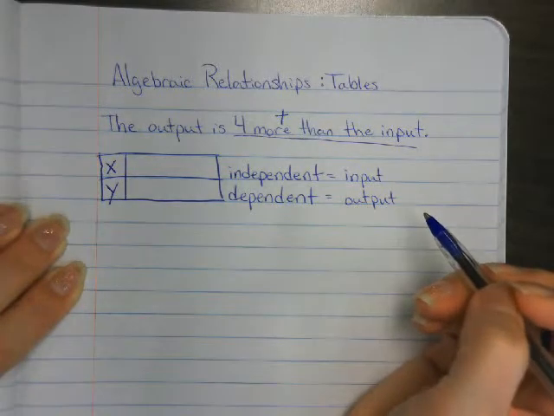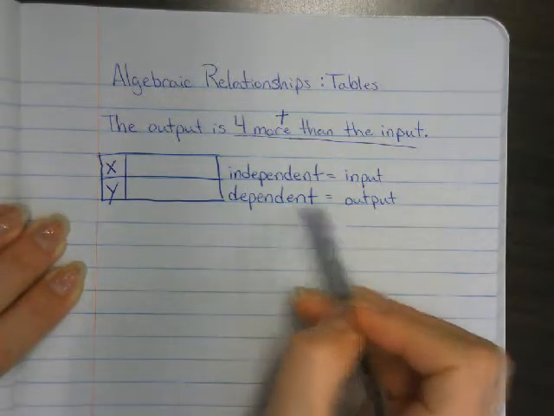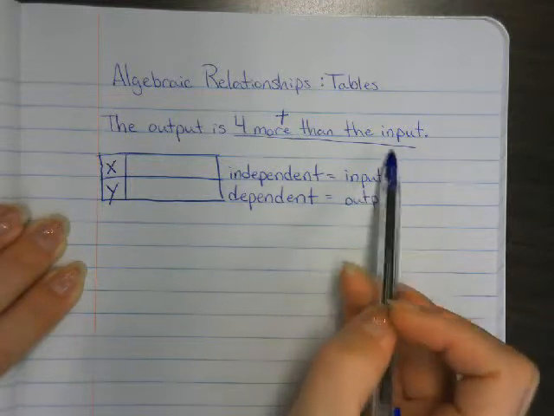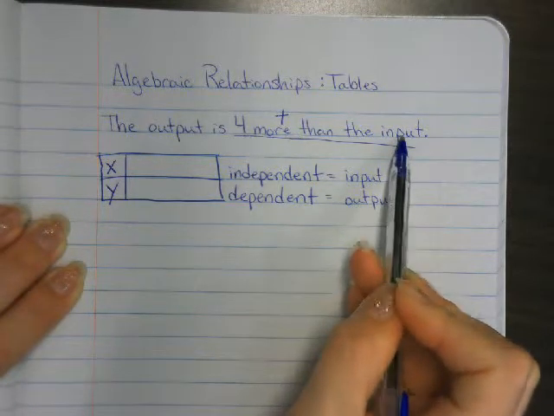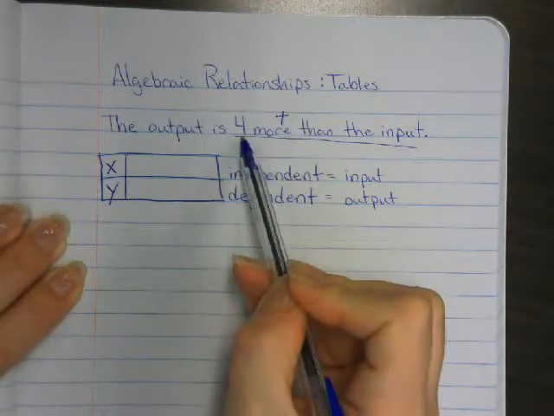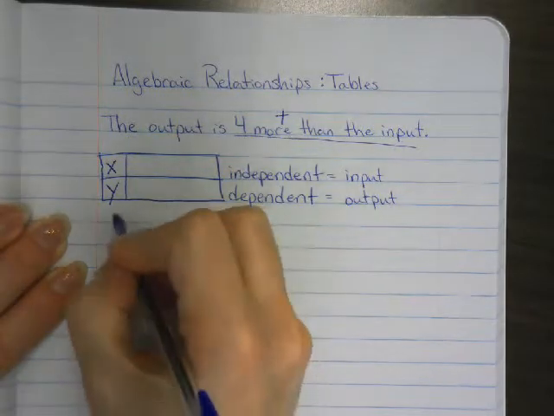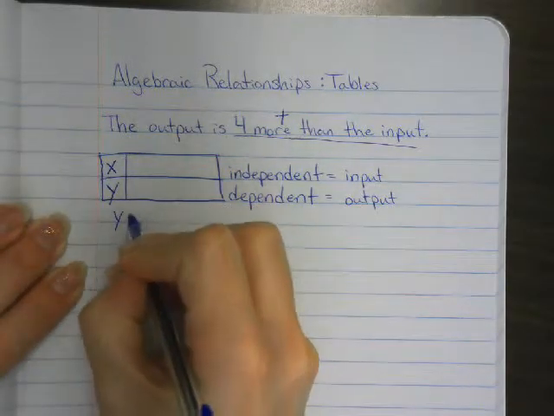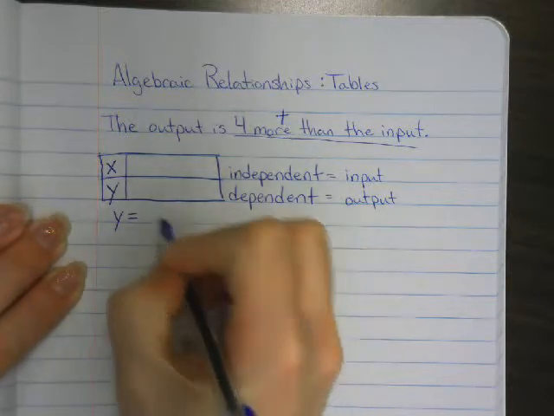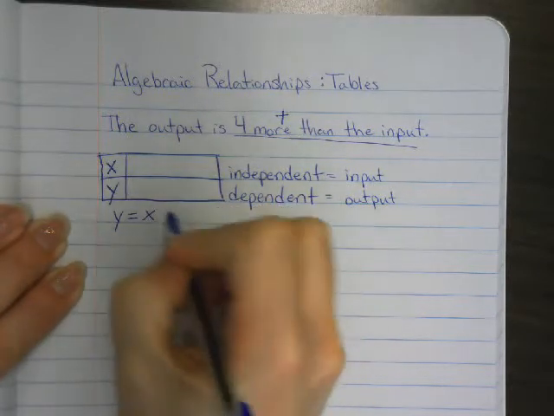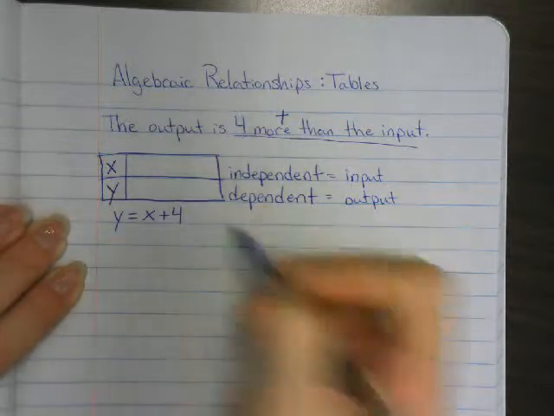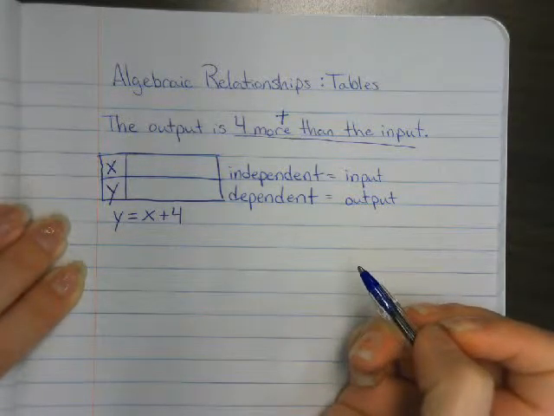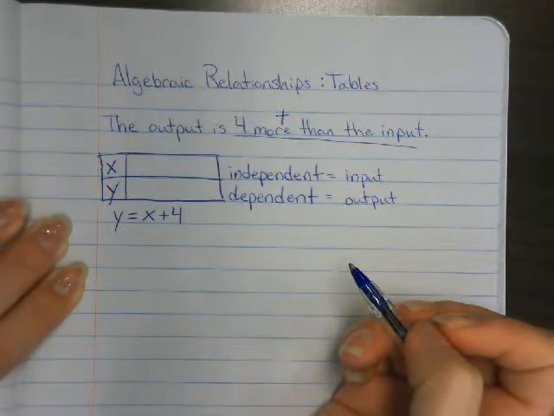So in this case, our output is dependent on what our input is plus 4 more. So our output is y. It is dependent on our input, which is x, plus 4. So we just created an equation to help us fill in the table.